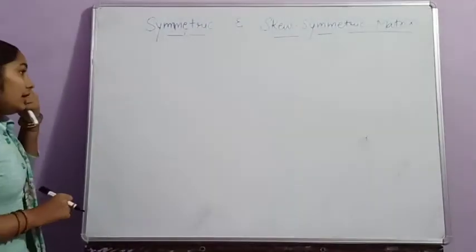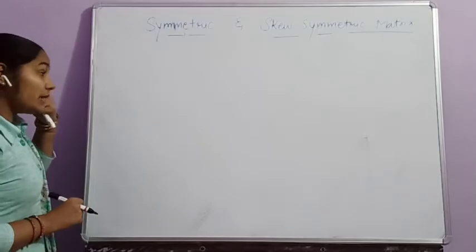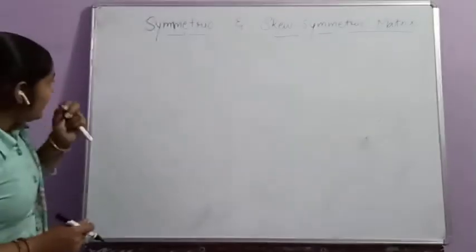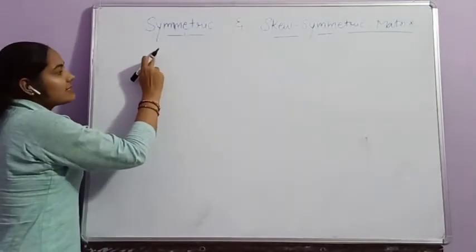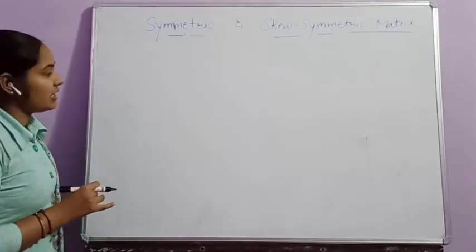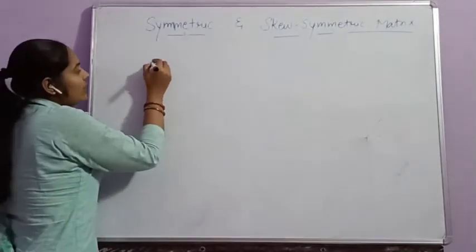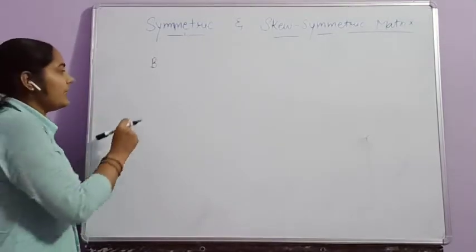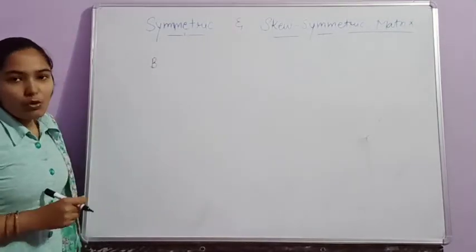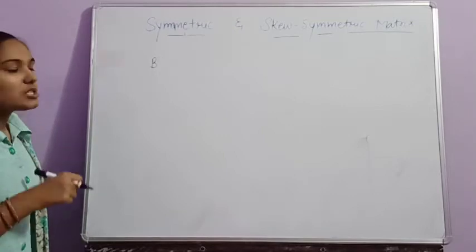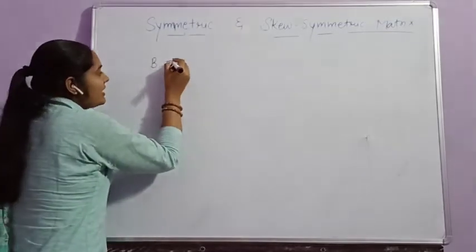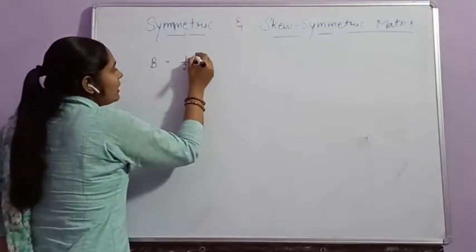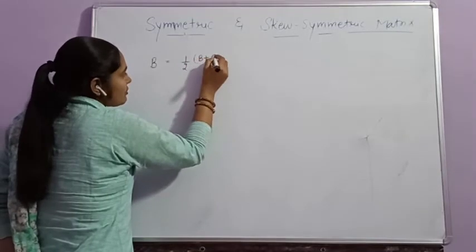Now, if we have to write any given matrix as the sum of a symmetric and skew symmetric matrix, for example, a matrix B is given to us, and we have to write B matrix as the sum of symmetric and skew symmetric matrix, then we write it as half of B plus B transpose.